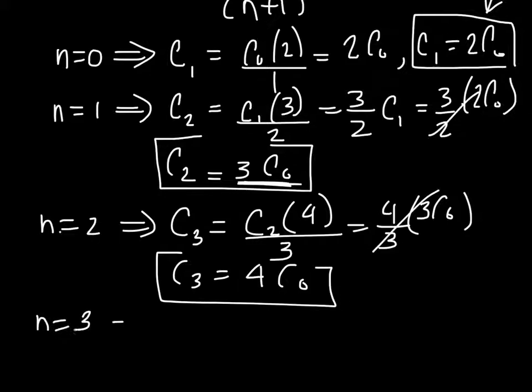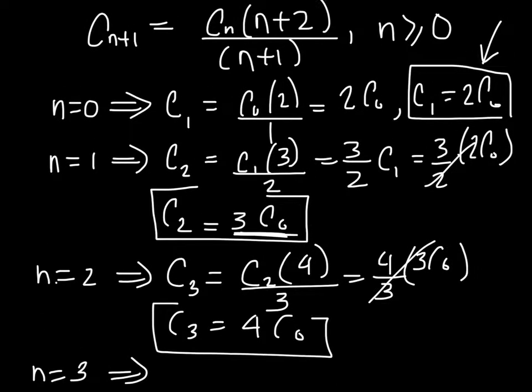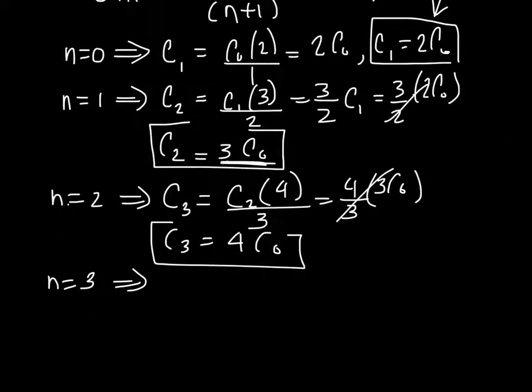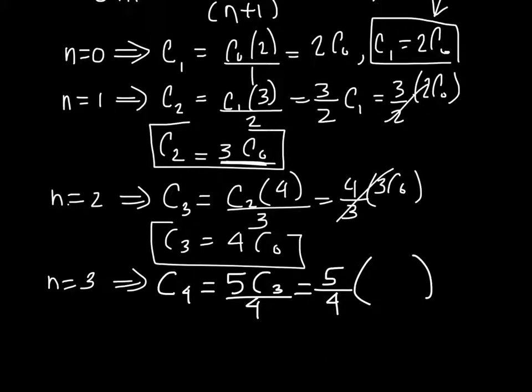And let's just go ahead and find one more. So if n is 3, then what am I getting? 3 plus 1. So I get C4 is equal to 5C3 over 4. Okay, so we get 5/4 of C3, which is right here, so 4C naught, and this is nice.